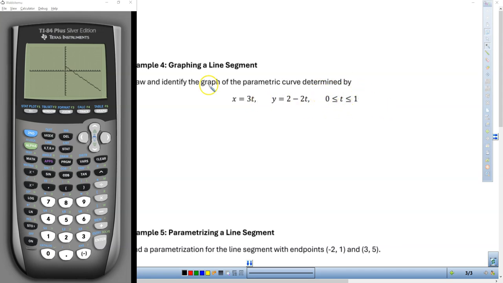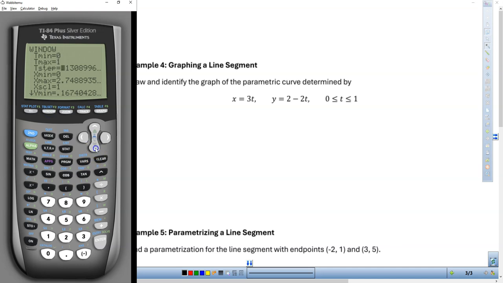We're going from 0 to 1. So let's go ahead and adjust our window here. I'm going to change our t-max to 1. And let's go ahead and regraph it. And you can see now we have this real tiny thing here. So I'm just going to do a zoom fit here so you can see that a little bit nicer.